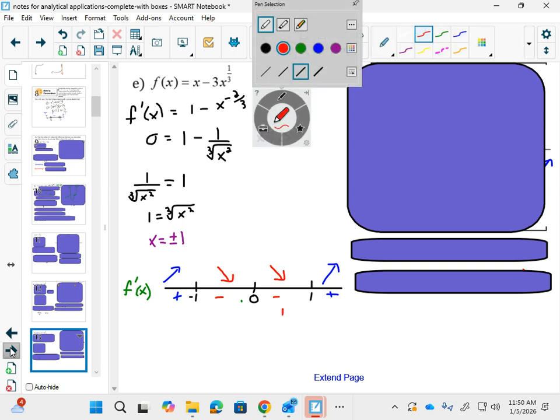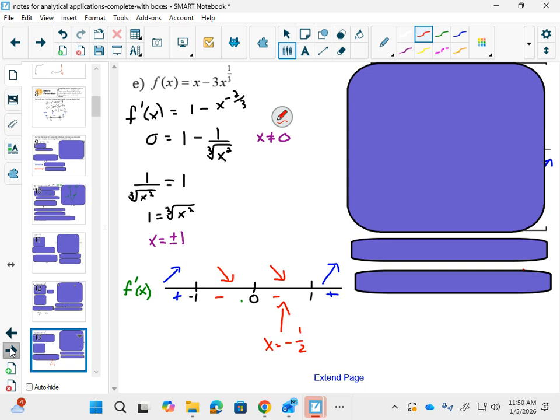So if I wanted to find out this is negative, I would plug in negative 1/2 for x. Okay. If I plugged in negative 1/2 for x, I plug it into my derivative. This will be positive 1/4, cube root of 1/4.